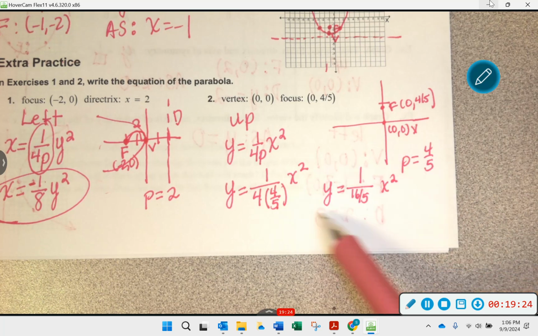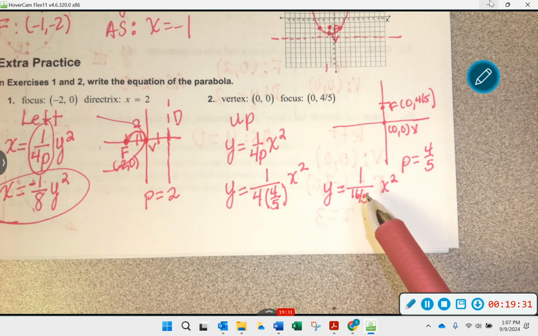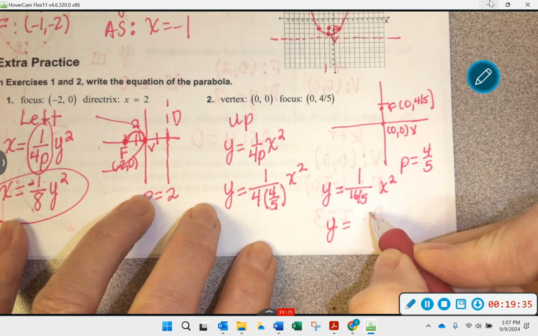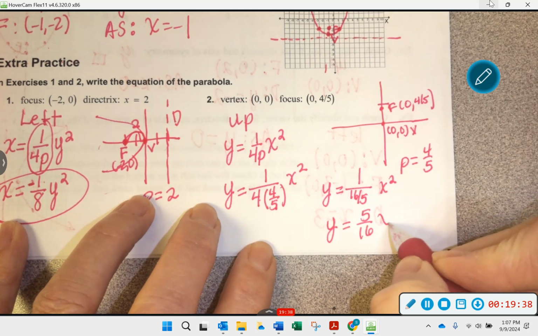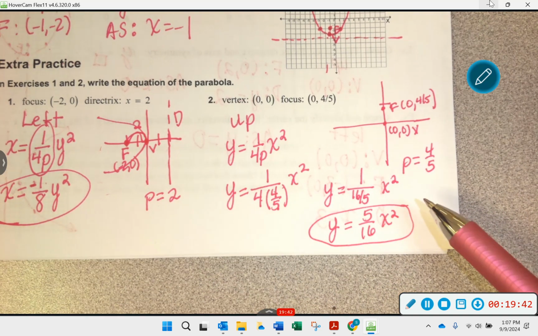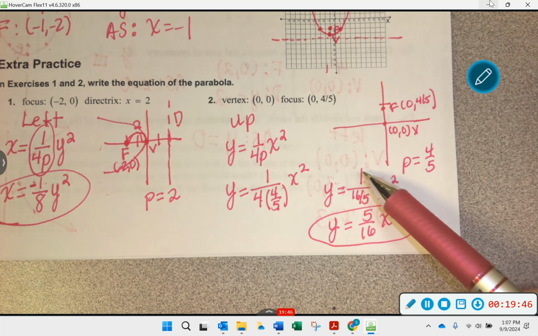I would actually accept this because it is correct. But if you did something like this on the ACT, they wouldn't write it like that. Let me show you what answer they would give you. Y equals 5 over 16 x squared is what they would put for the answer. Can you think of why this is equivalent to that?